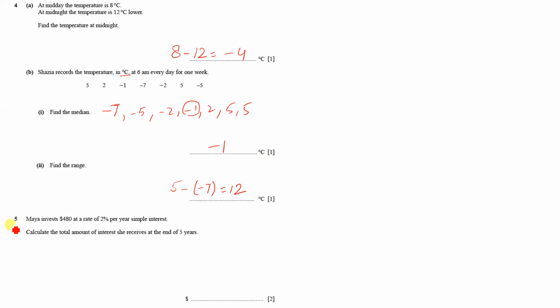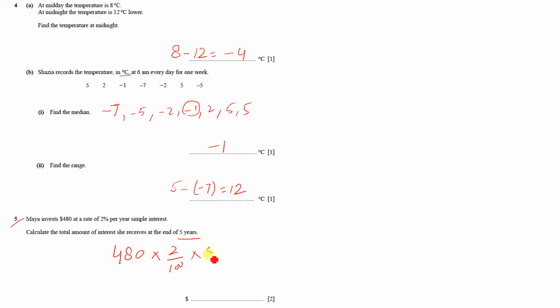Question number 5. Maya invests $480 at a rate of 2% per year simple interest. Calculate the total amount of interest she receives at the end of 5 years. So the principal amount here is 480. So this is 480 times the rate, 2%, times the time of investment.